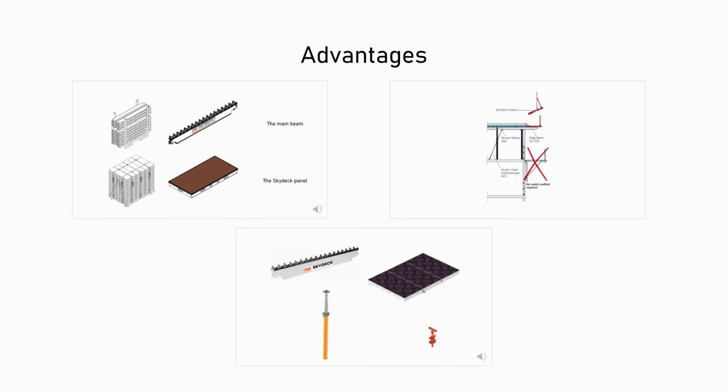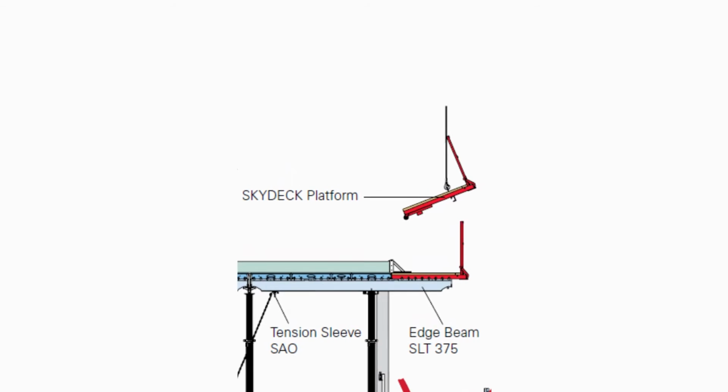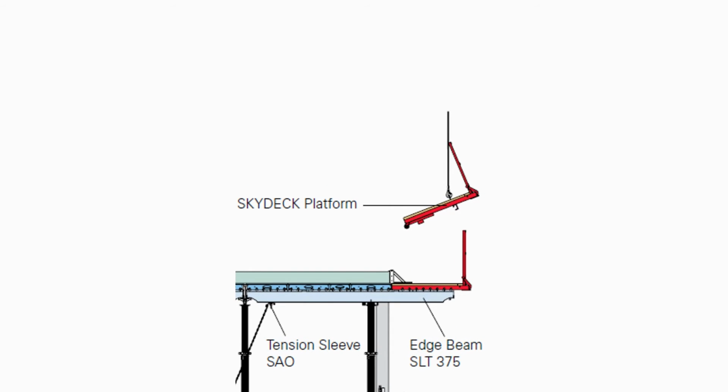The second advantage is that it has a high level of safety. The foldable platform has been designed for a load of 150 kilograms per square meter, and the edge beam serves as a support for the platform. The cantilevered beam is secured and tensioned by means of a chain.